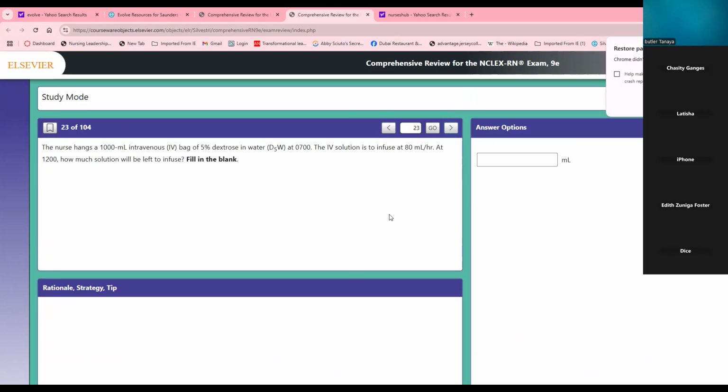Okay, let's see if you can do this one. Again, what is this asking you? How much solution will you have left? Okay, so how would you solve this?